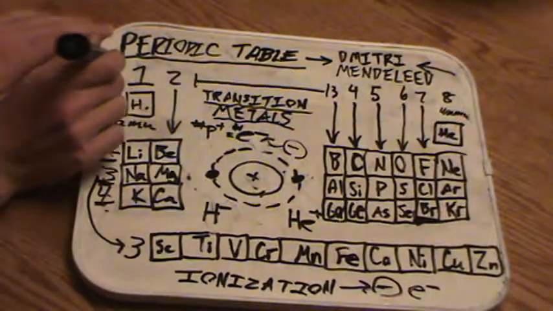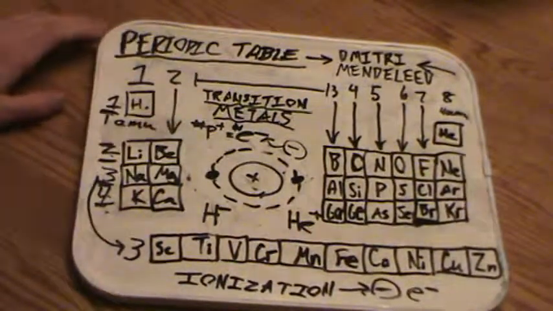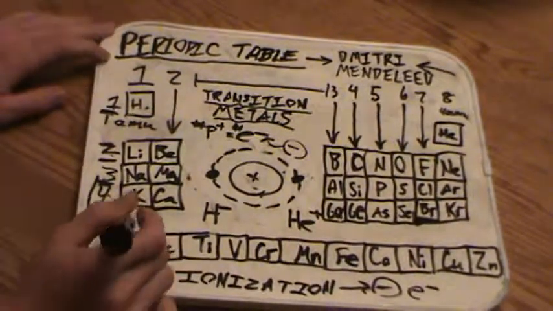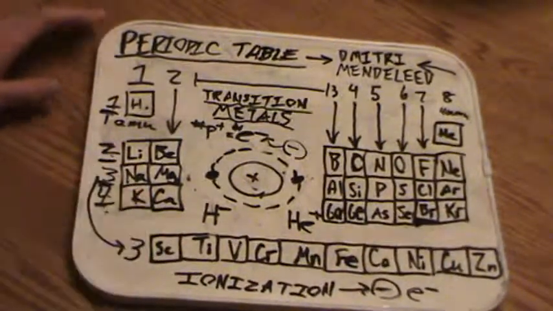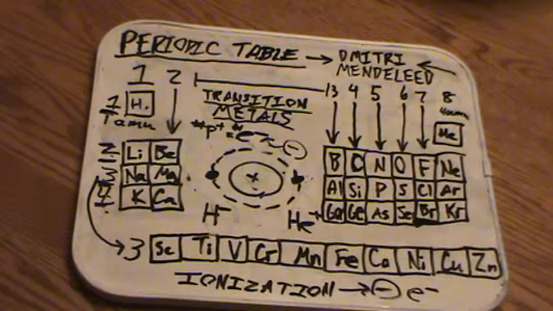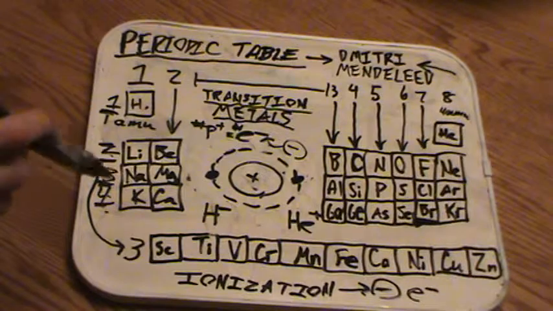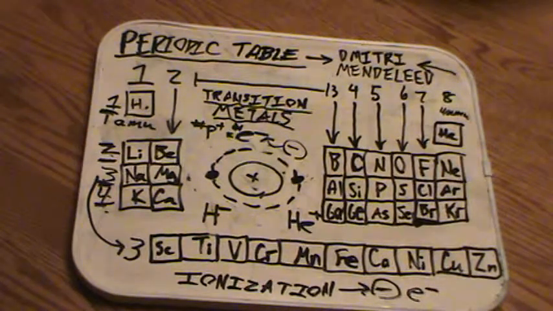So the first group other than hydrogen, and that's why hydrogen is by itself, because it's a problem child, it's a little bit different than everyone else. But lithium, sodium, potassium, and many more, such as rubidium, cesium, and francium, which I did not write here because my board is limiting me, and I'm sad.